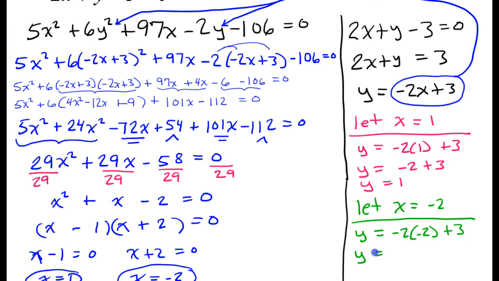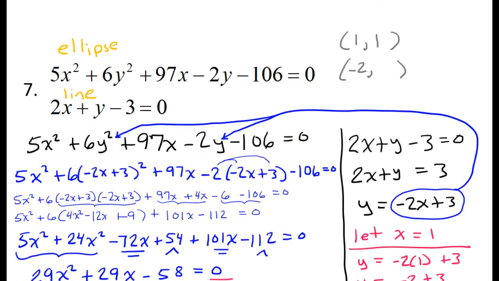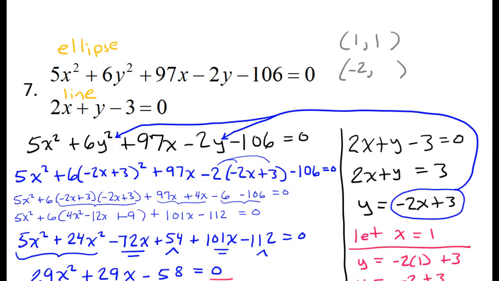So y is equal to 4 plus 3. So y is equal to 7. Okay, so that is the y value that goes with this x value. So that gives me the solution, negative 2 comma 7. So these are my intersection points.